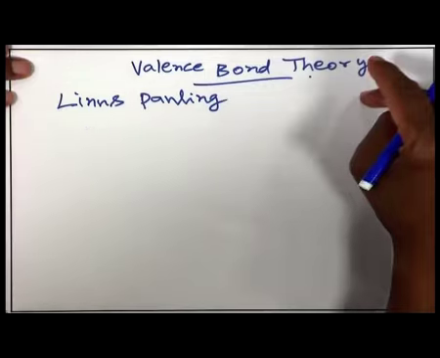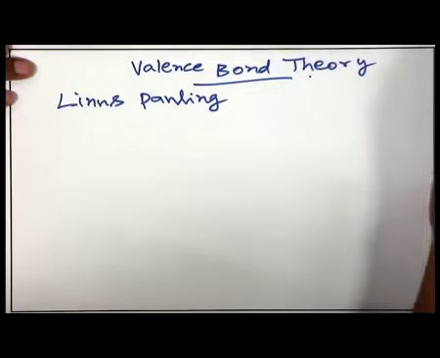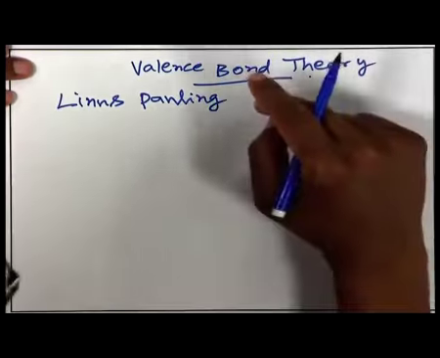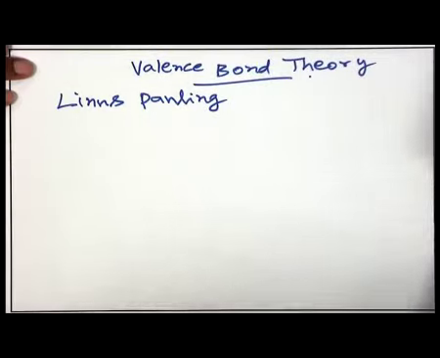But VSEPR theory does not give an explanation or describe in detail the shape of the molecules. So another theory is needed for explaining the shape of the molecule. One of the theories is valence bond theory, another one is molecular orbital theory, which we will see later on. Let us see valence bond theory.